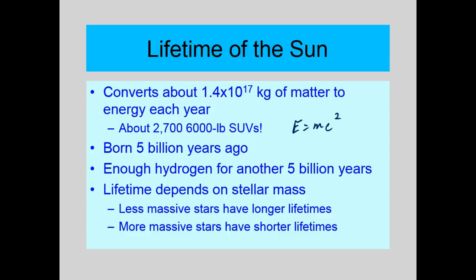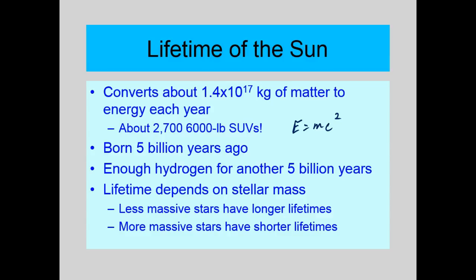materials much faster. They're incredibly hotter, so they are fusing like crazy. So the less massive stars actually live to be trillions of years old, and the most massive stars only have a few million years of life, not billions like our sun. So actually it's sort of reversed. You would think, well, they have more mass, so they'll last longer.